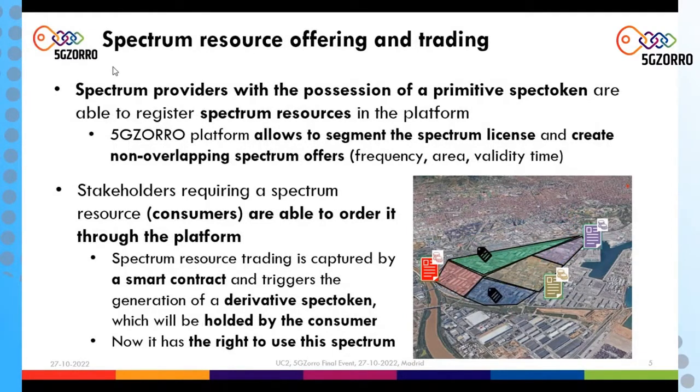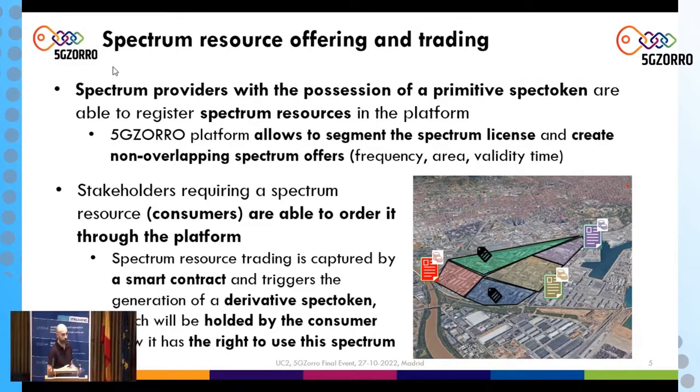Logically, the provider will not offer the entire spectrum in the market. So the idea is that they can segment these resources and provide different offers that are not overlapping, considering the frequency, the area, or the validity time. And when these offers are published in the market, the consumers are now able to order them through the platform.